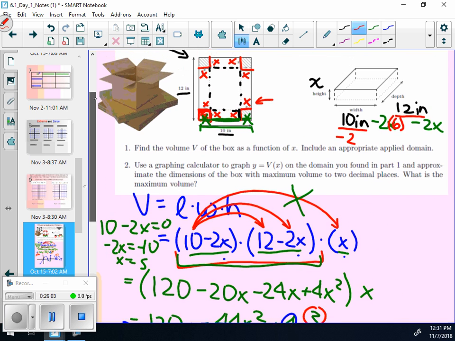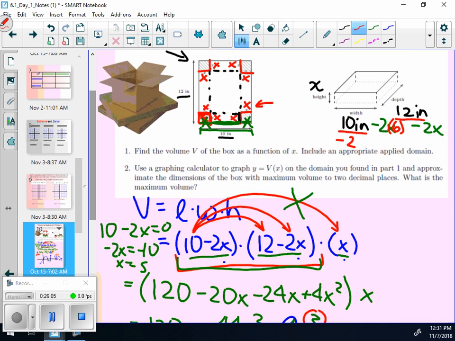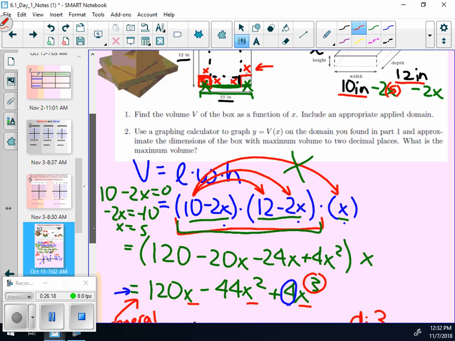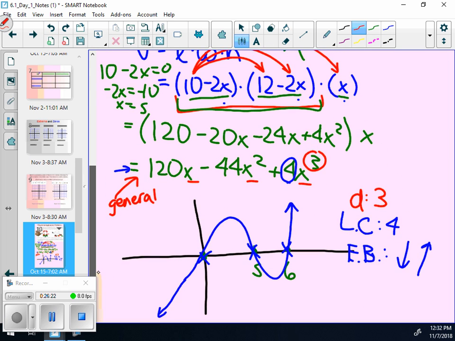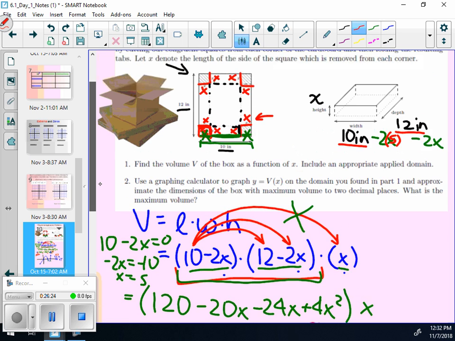So you can't have something that's like at 6. If you try 5 with the same dimension here, you'll just get 0, and you can't have a box side length of 0. So you can't have 5. Can you have less than 0? If you have less than 0, what happens to the height?